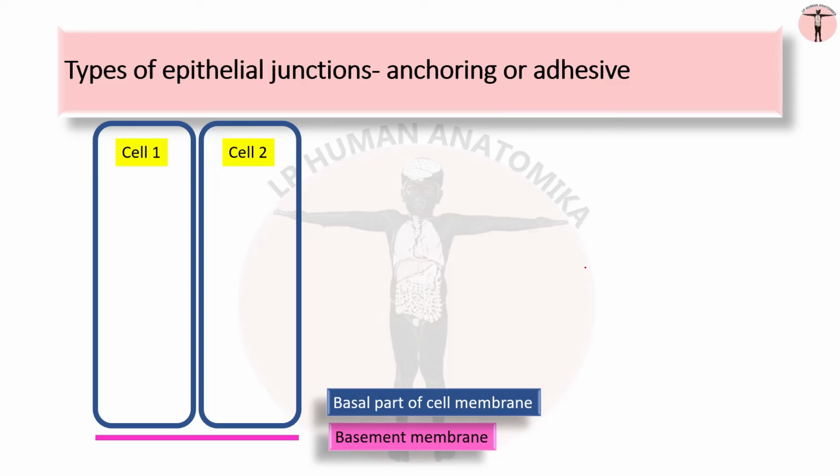Hemidesmosome, the third type of anchoring junction, binds the basal surface of the cells with the basement membrane. They resemble half of a desmosome. In contrast to desmosomes, the transmembrane proteins in hemidesmosomes are integrins instead of cadherins.